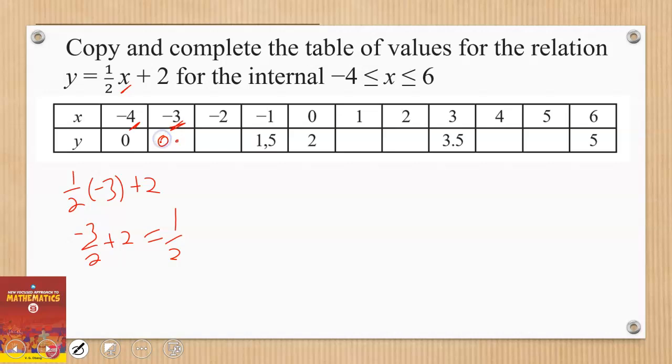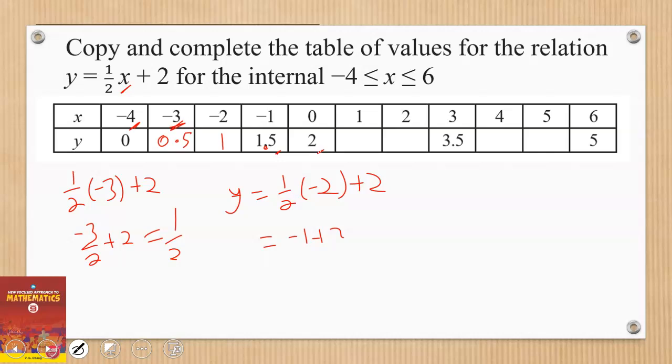So I can put 0.5 here. Then if x is negative 2, then I'm going to have y equal to half times negative 2 plus 2. Okay, so this will give me negative 1 plus 2, and that will give me positive 1. They've done this one for you as 1.5, and they've done this one for you.